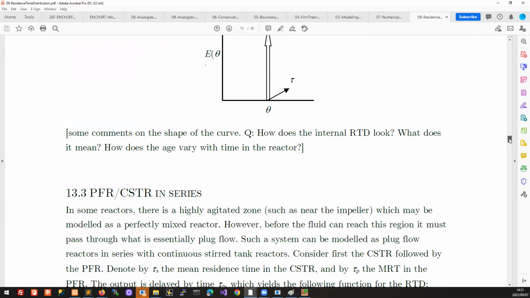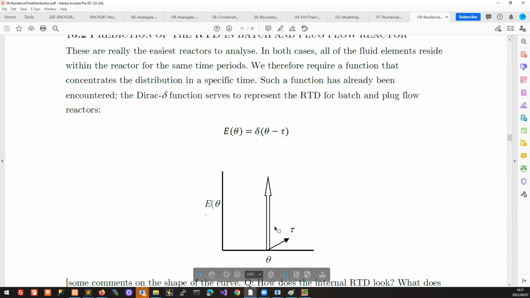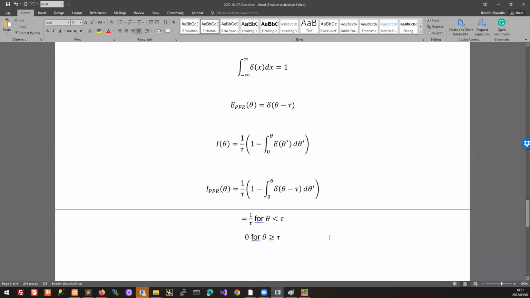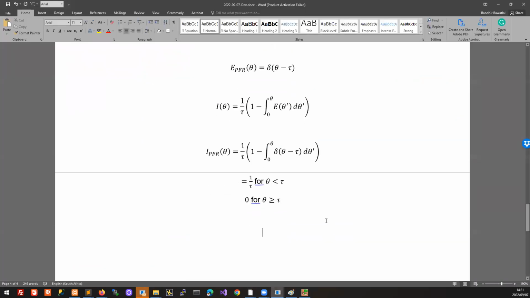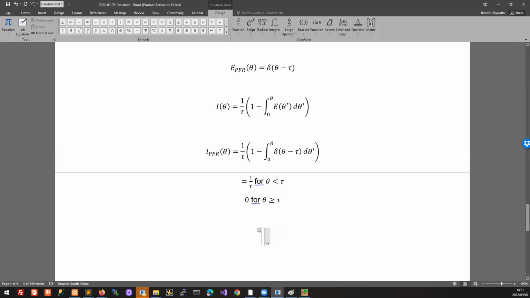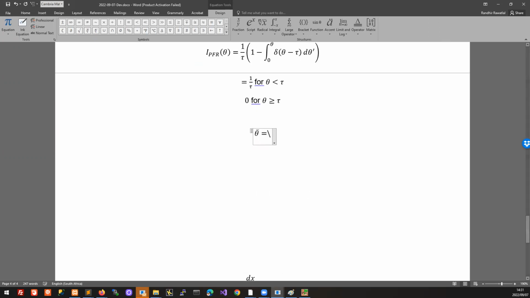We've already said the area under this is 1. So we can say the average age, so beta bar, the average age is equal to, and we'll use statistical averaging methods here.